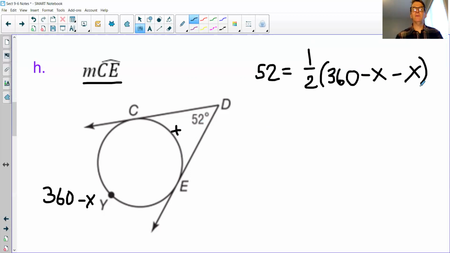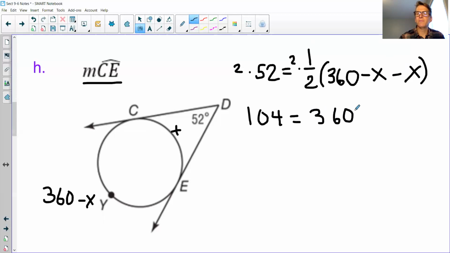So again, the same kind of process here. We're going to multiply by 2 on this side, and on this side, you get 104. 104 is equal to 360 minus, and these are two like terms, 360 minus 2x.